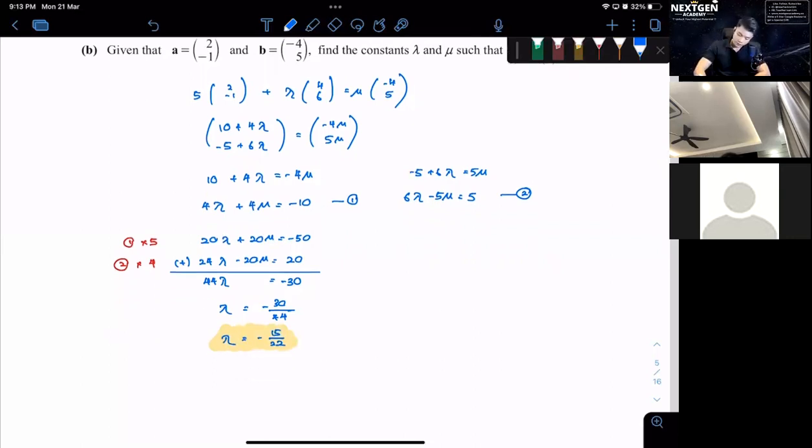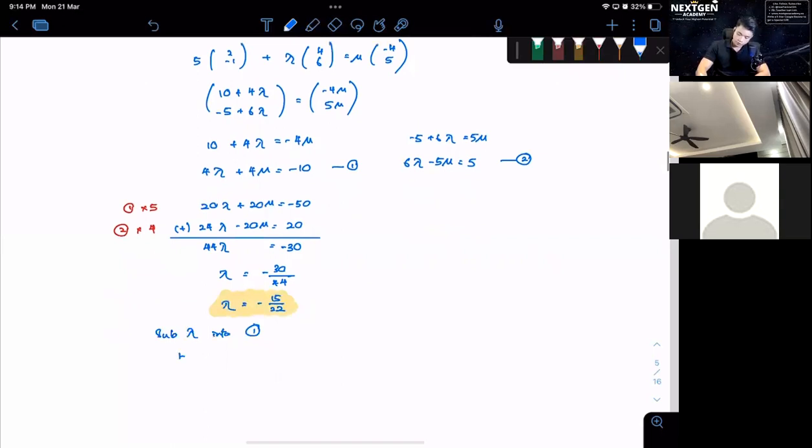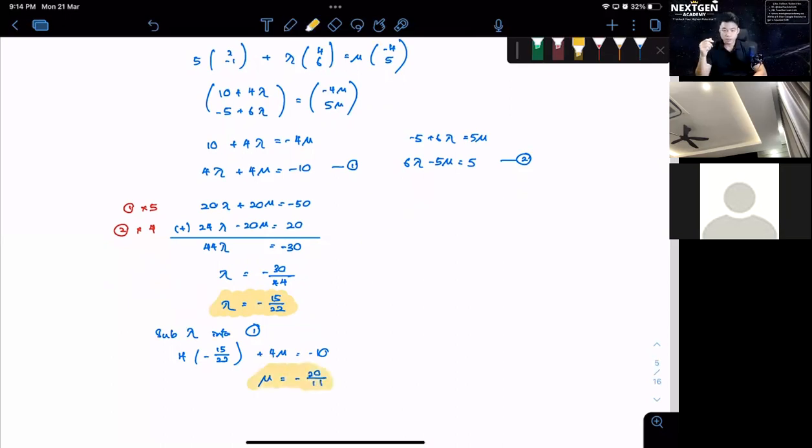And then I want to sub lambda into equation 1. So 4 times negative 15 over 22 plus 4 mu equals to negative 10. Rearrange it, calculate it, and you should get mu equals to negative 20 over 11. I want all of you to take out your calculator, type this equation inside, and double check.